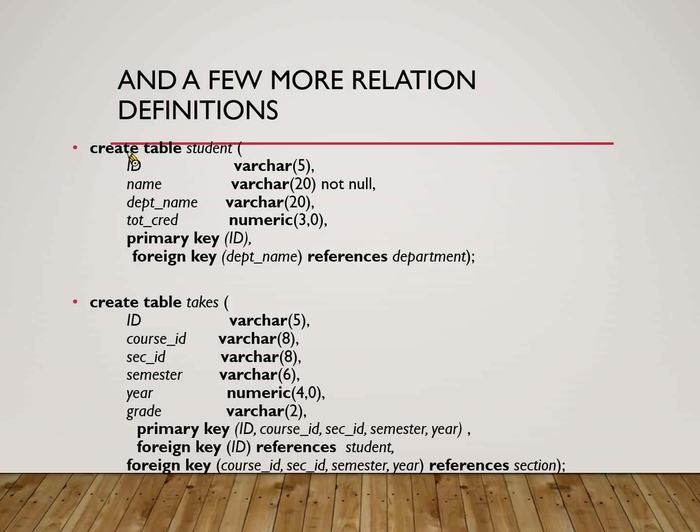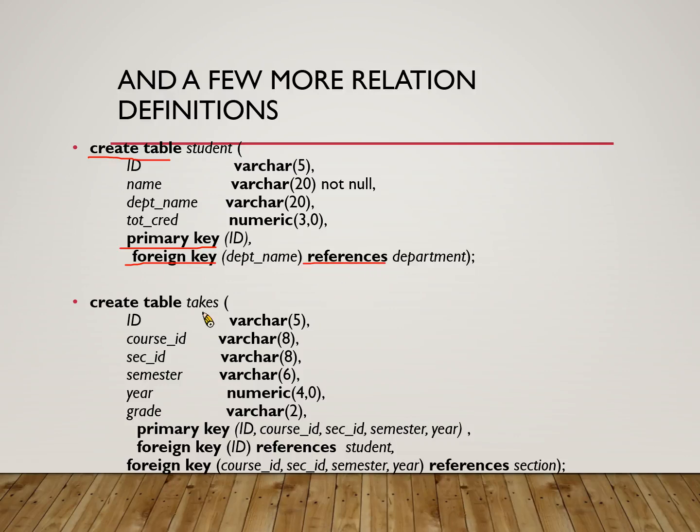We can look at some more examples. Here are a few more relation definitions. If we want to create a student table, the command is create table student, followed by the attribute names and their data domains. Then we have to define the primary key and the foreign key. Here the foreign key has to further indicate the reference.